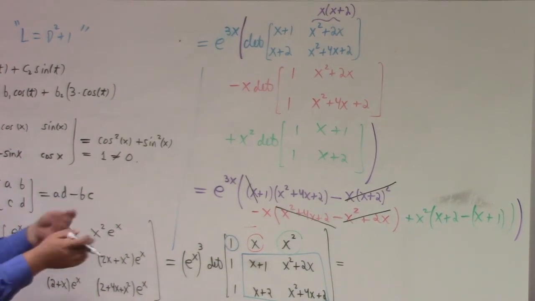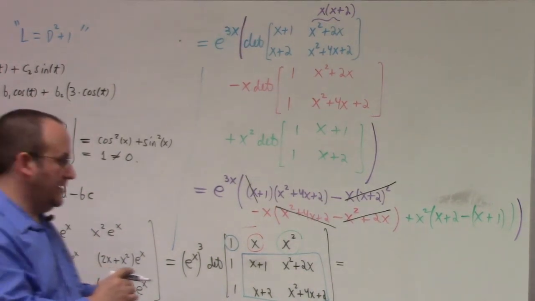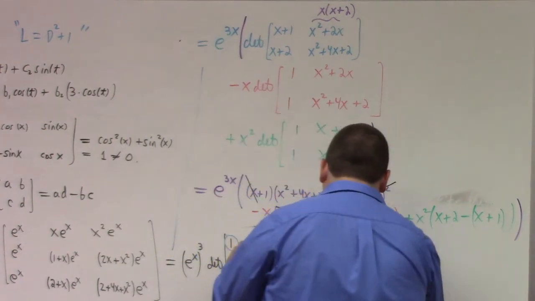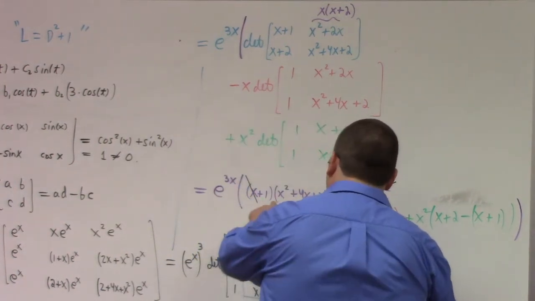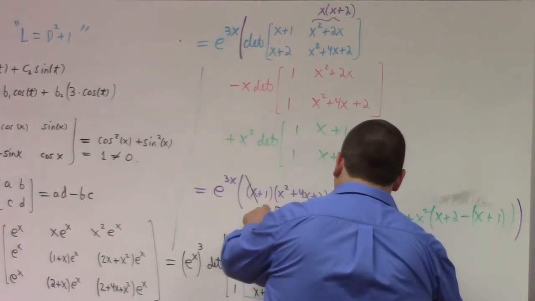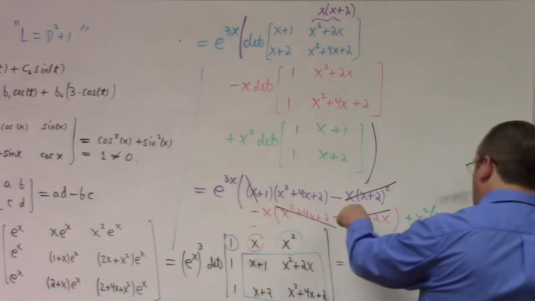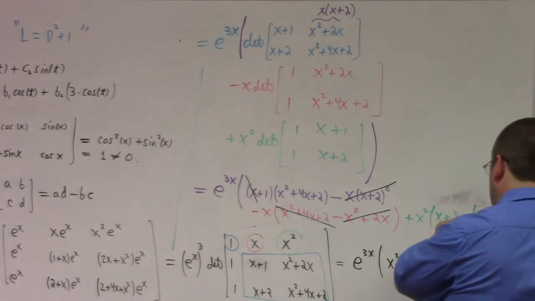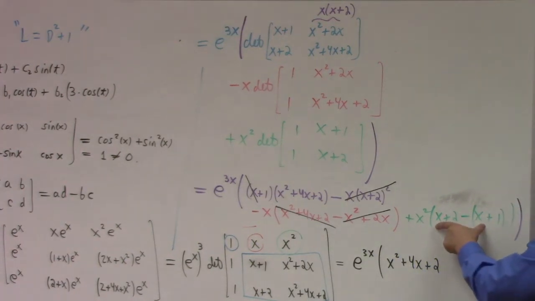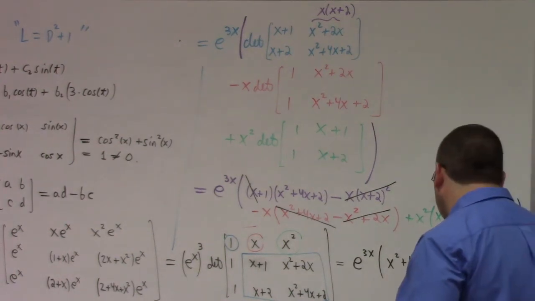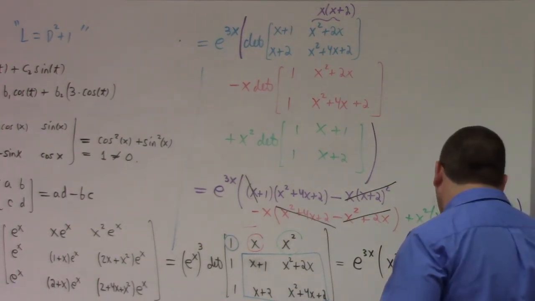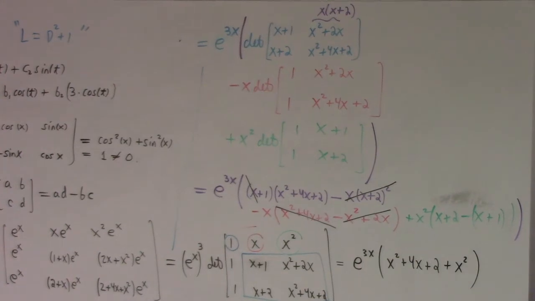So I've lost all my red terms, and at this point I have e to the 3x, and I've got an x squared plus 4x plus 2, and down here, the x's cancel, yeah? And this is just x squared, right? The green stuff simplifies to x squared.